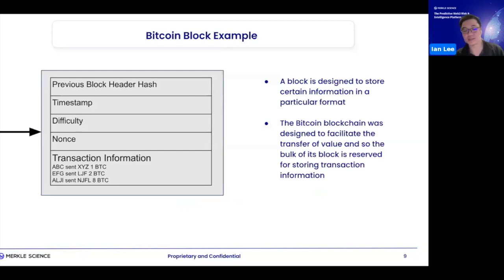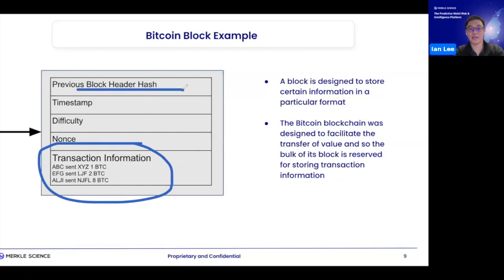Bitcoin was the first cryptocurrency ever created, and the creator of Bitcoin, who today we still don't know who that person is, created the Bitcoin blockchain for the primary purpose of facilitating Bitcoin transactions, which means that inside the Bitcoin block that is created, about 90% of the space is just filled with transaction information, right? Every time the Bitcoin blockchain creates a new block, they would store what's called a transaction hash.